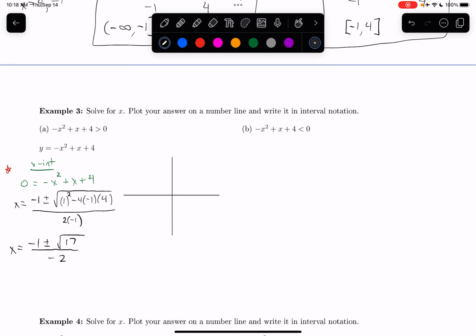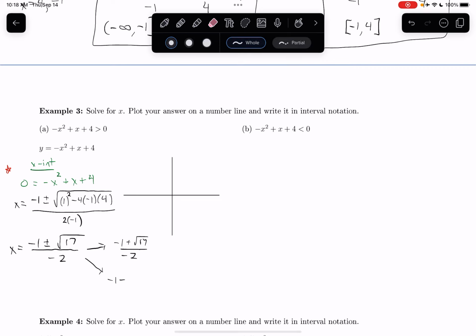Okay, so I can simplify these answers a little bit. Because of the plus or minus, I'm getting 2 answers here. One of them is negative 1 plus root 17 over 2, and the other one is negative 1 minus root 17 over negative 2.